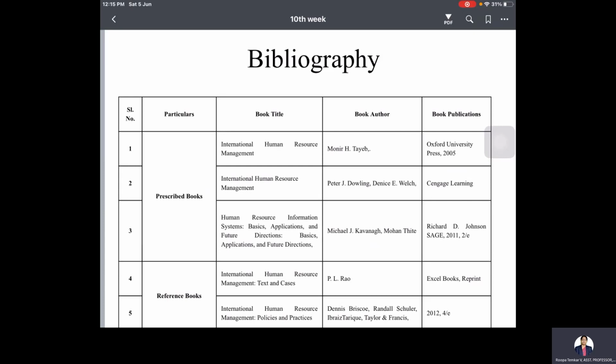So these are the applications of HRIS in employee management, in all the major functions of HRM. At the same time, we also have some limitations: the limitations with respect to security, cost, and staffing.